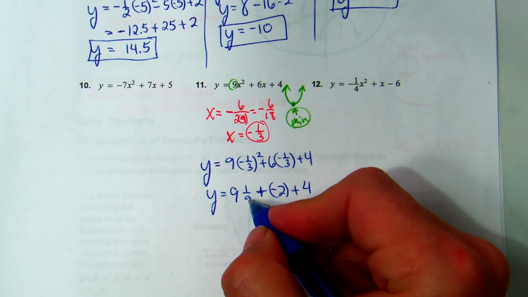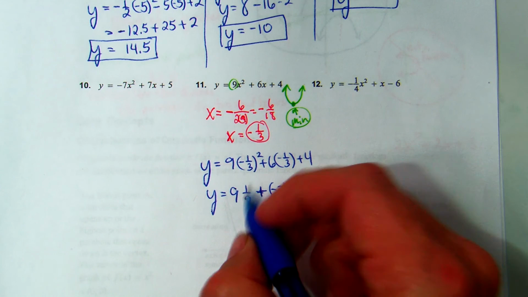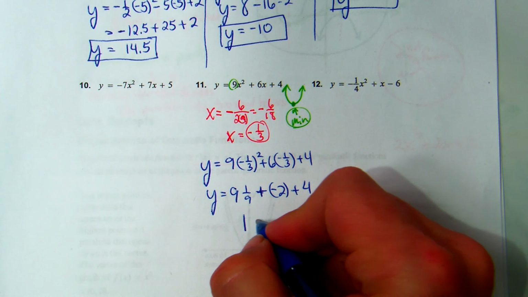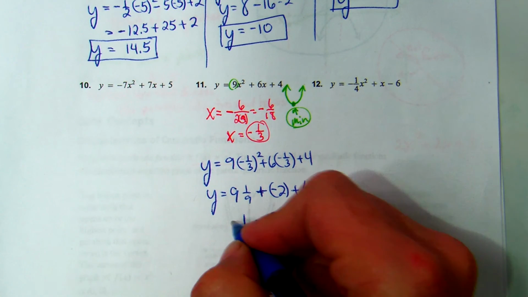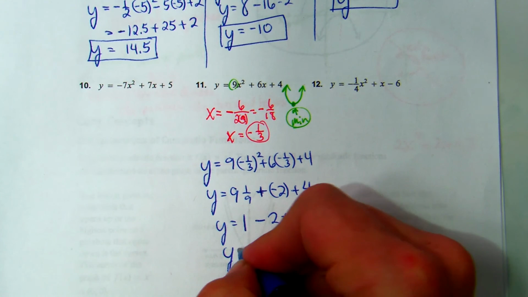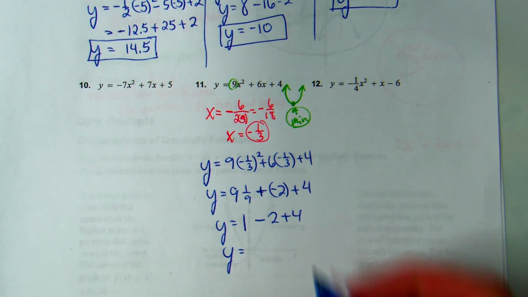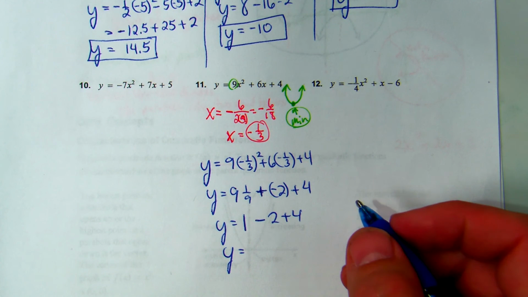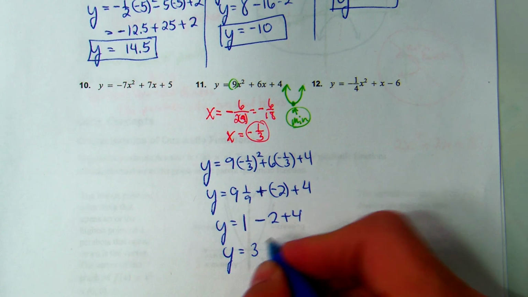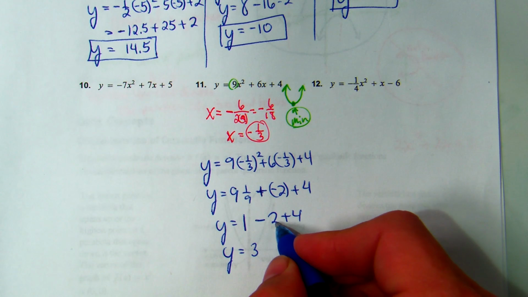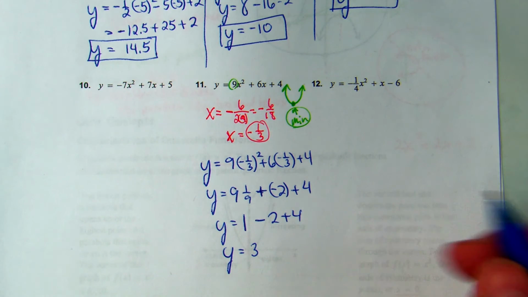Well, 9 times 1 over 9 is 9 over 9, or just 1. Then we minus 2, and we add 4. And so y, final answer, is going to be what? 3. 1 minus 2 is a negative 1, plus 4 would be a positive 3.